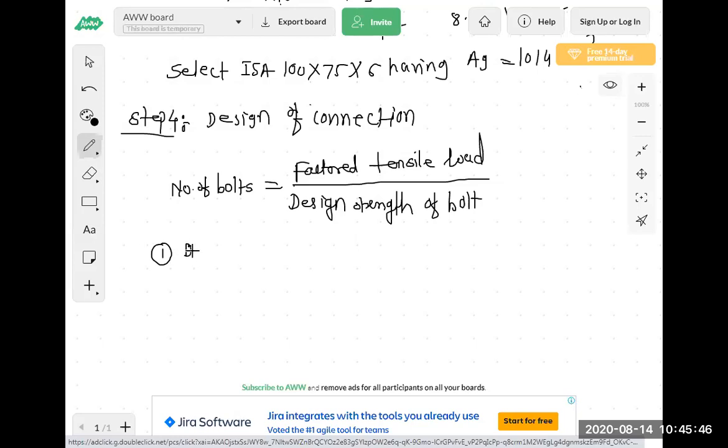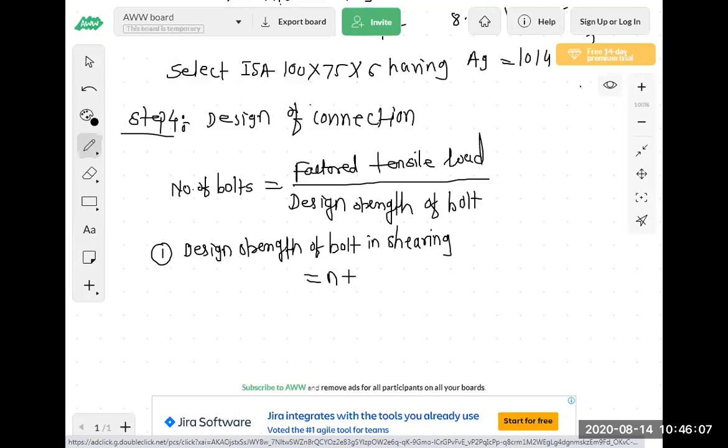First, design strength of bolt in shearing. So first we have to calculate design strength of bolt in shearing.